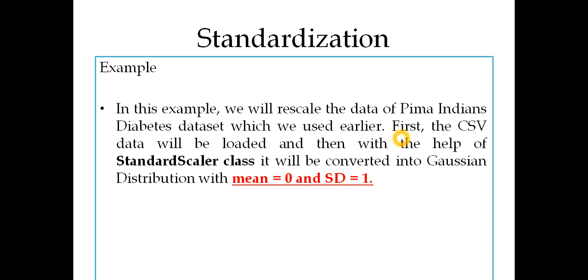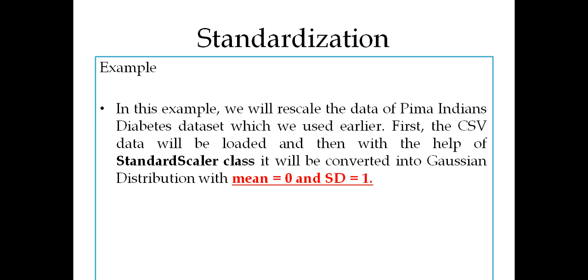Now, as this is a practical session, we are going to have some practical implementations of standardization, and for that, we will rescale our well-known Pima Indians diabetes dataset. First we'll load the CSV data.